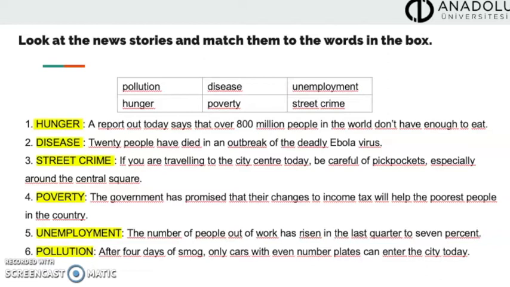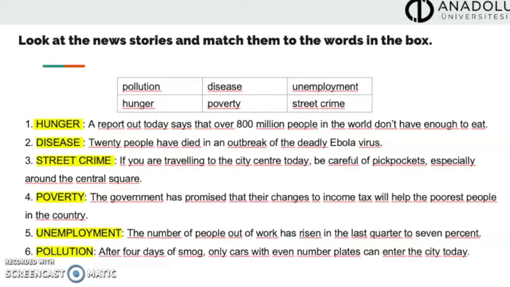Number 3. If you're traveling to the city center today, be careful of pickpockets, especially around the central square. This story talks about some thieves in the city, so number 3 is street crime. Number 4. The government has promised that their changes to income tax will help the poorest people in the country. This is about poor people, so number 4 is poverty.